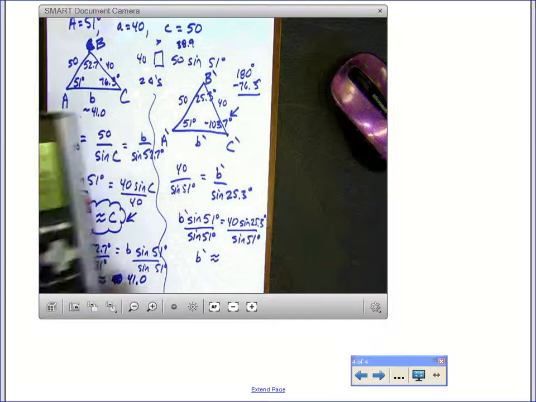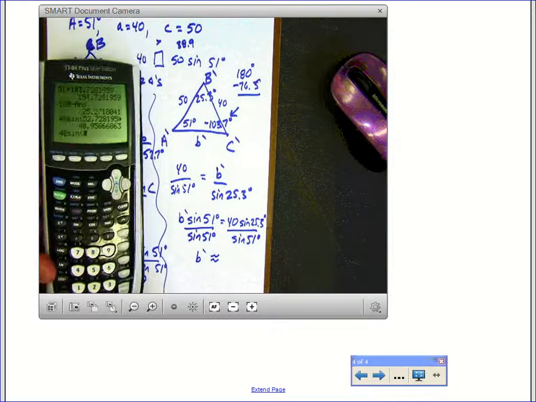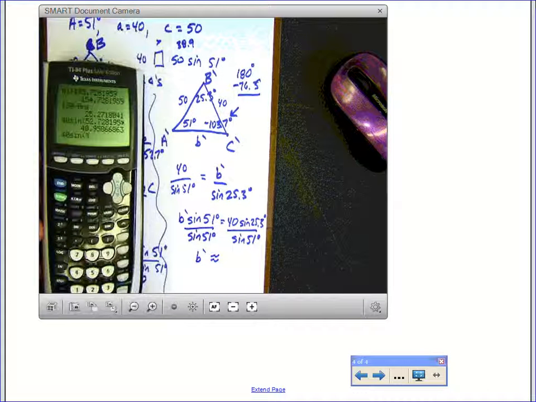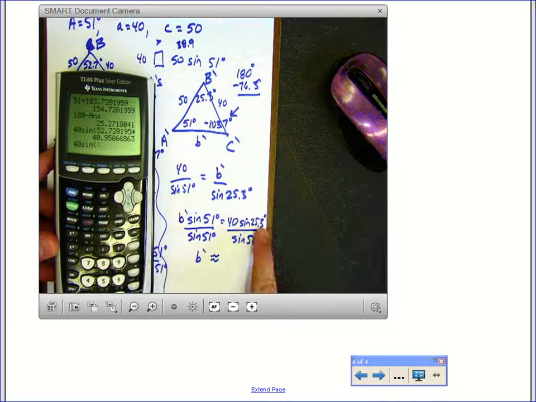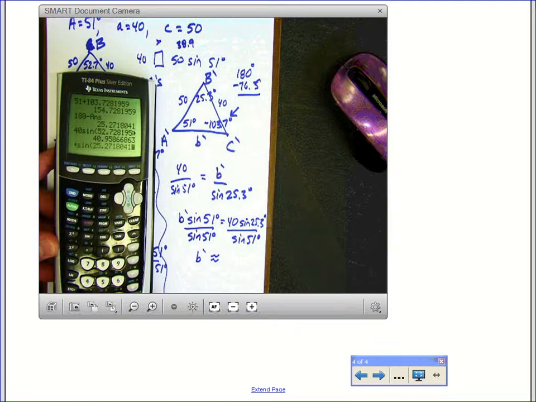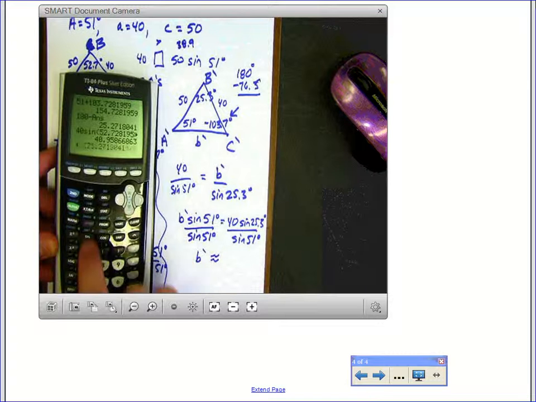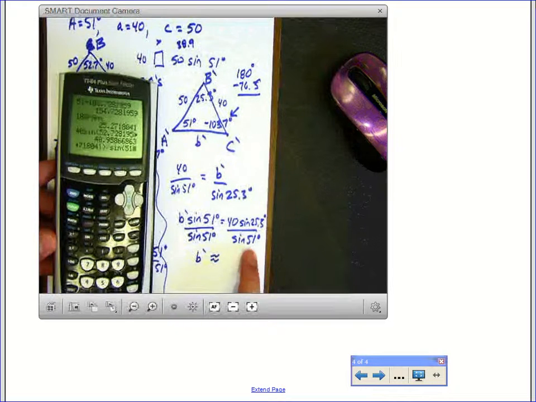Now let's throw that in there. 40 times sine. Now, 25.3, was that exact? Let's paste it. Divided by sine 51. Was 51 exact? Yes, it was given, right?